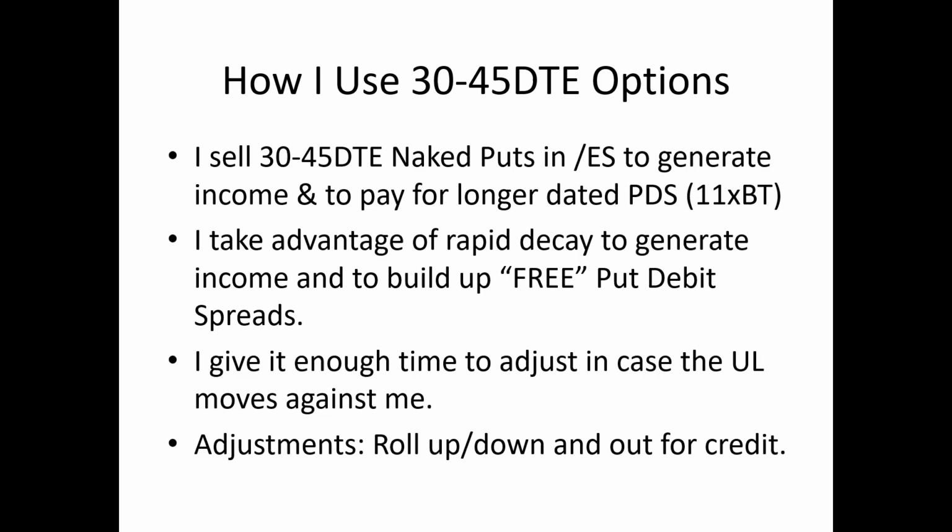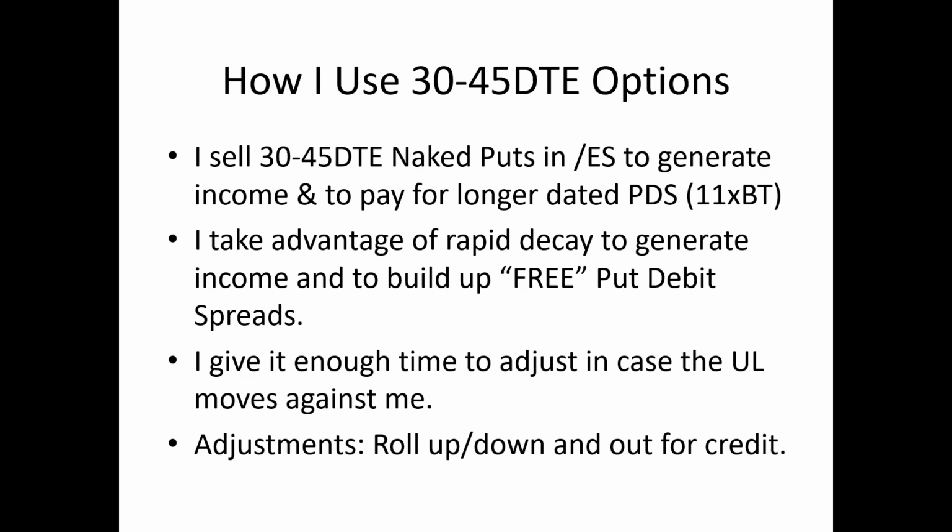And assuming that the front month pays off the cost of the put debit spreads, if I sell a 30 DTE naked put and I buy a 150 DTE put debit spread, I can sell about 5 30-day naked puts by the time the 150 DTE put debit spread comes to expiration.